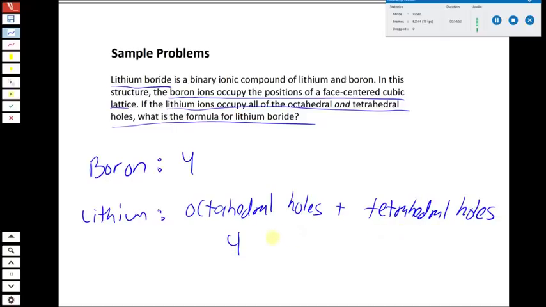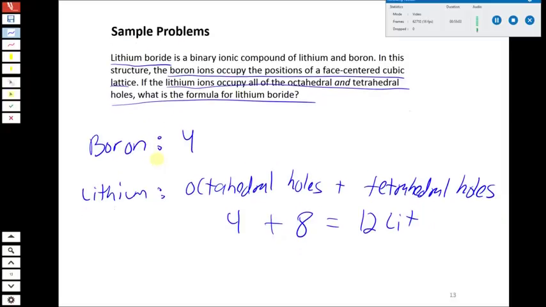And as we've seen many times already, there are 8 tetrahedral holes. So if all of those are filled with lithium ions, we're going to have a total of 12 of those. So that means in total we have 12 lithiums and 4 borons, and as we would do for any ionic compound or any intermetallic, we reduce it to the empirical formula, which is going to be Li3B. Okay?